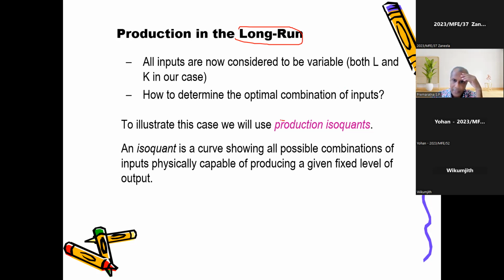The one is the production isoquant or isoproduct curve, which we introduced last time. The other one, the isocost curve, we did not look at it.